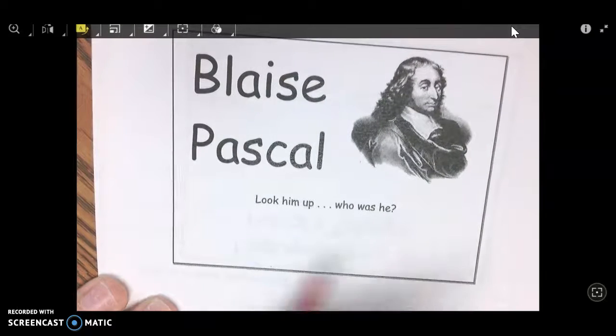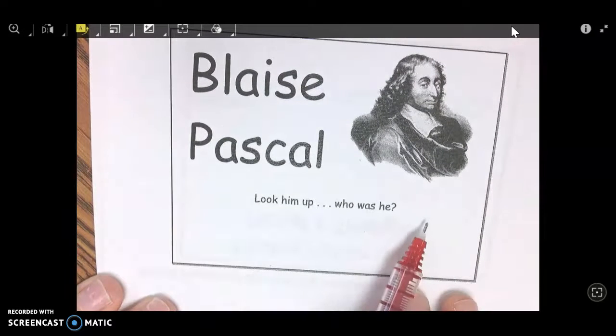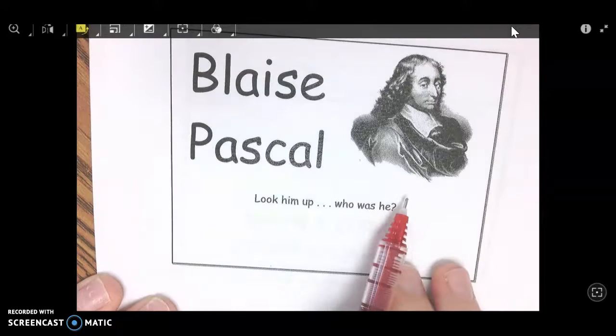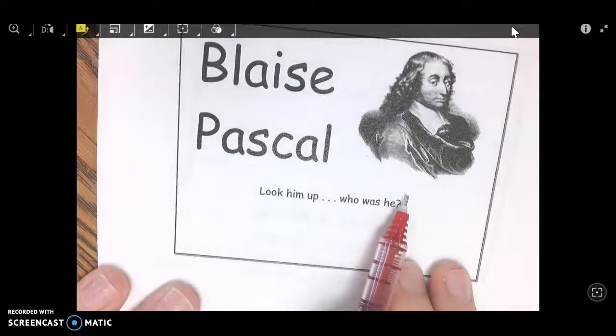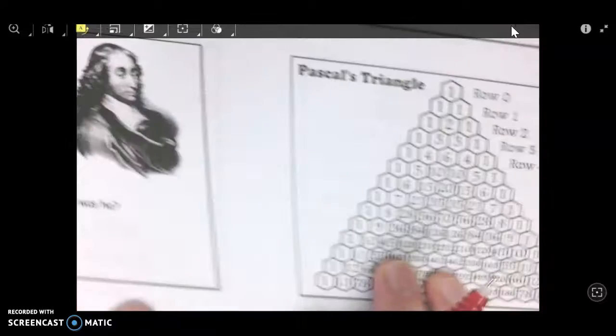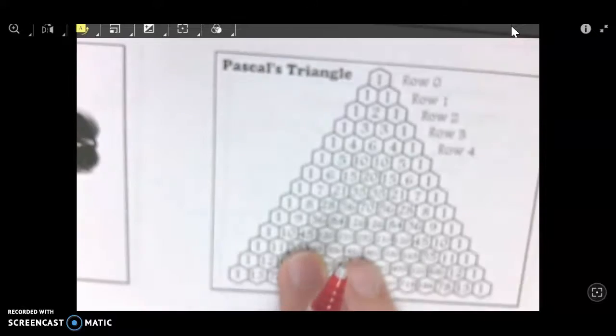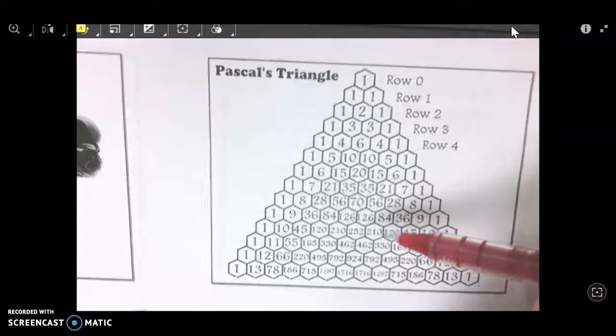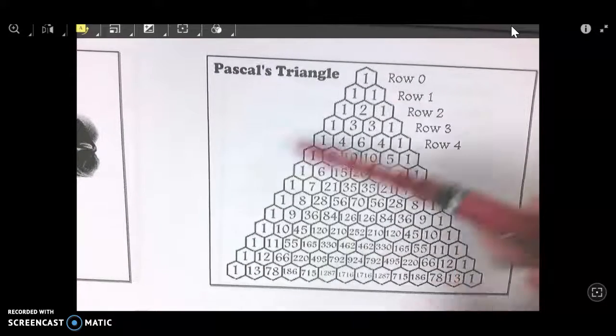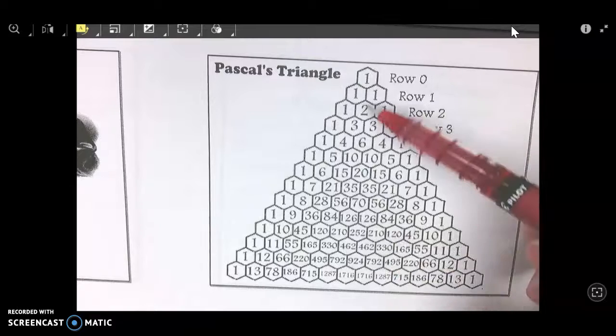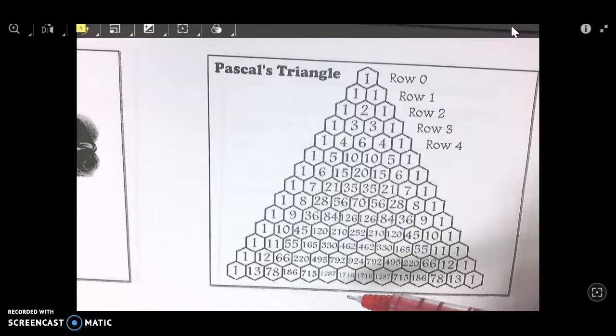He's a French mathematician. Old dude came up with this triangle to help us figure out binomials, kind of a shortcut to multiplying. This is his triangle, and you're going to get used to this triangle. You're going to memorize this triangle. It's going to be your best friend.